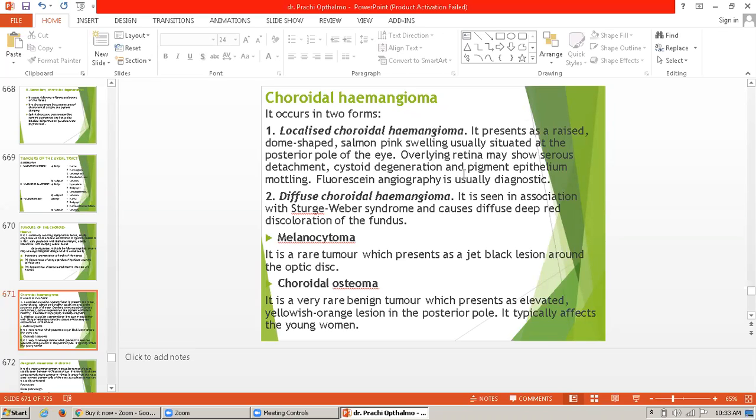It presents as a raised, dome-shaped, salmon-pink swelling, usually situated at the posterior pole of the eye, and the overlying retina may show serous detachment, cystoid degeneration, and pigment epithelium molding. Fluorescein angiography is usually used for diagnosis.